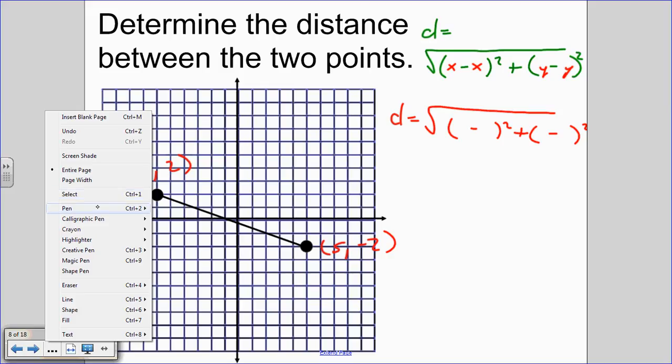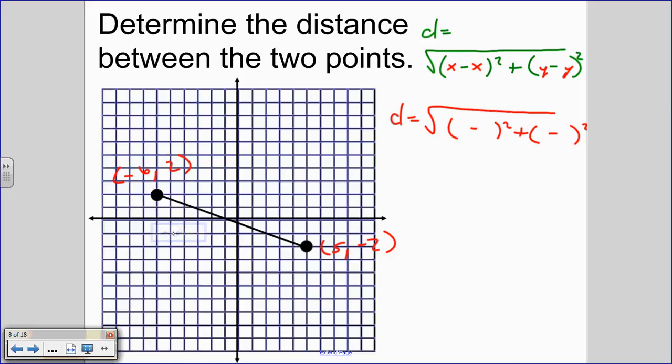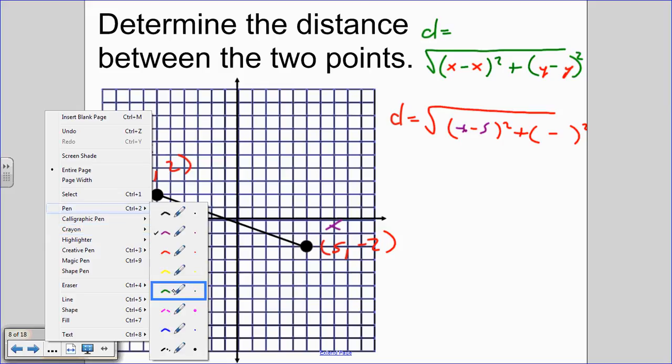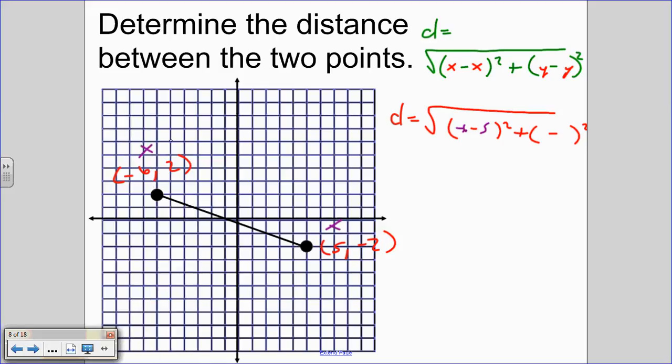So the two x's are negative 6 and positive 5. The two y's are 2 and negative 2.